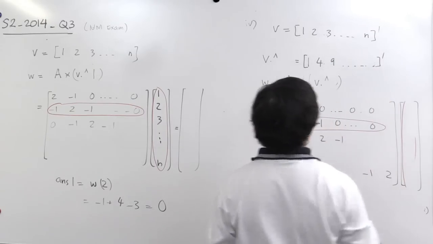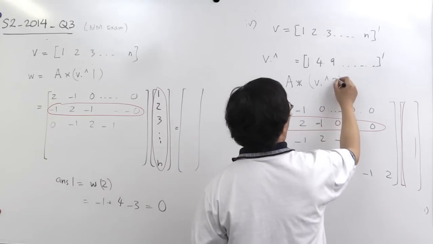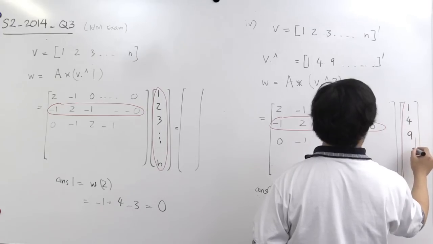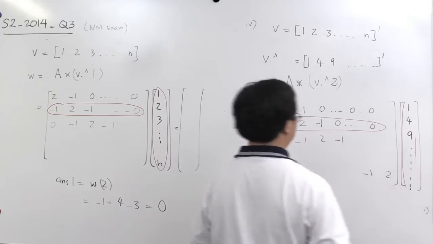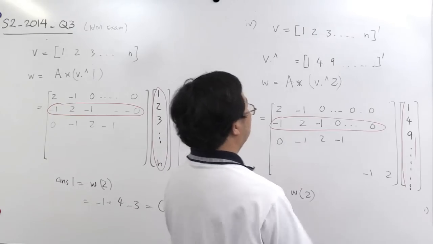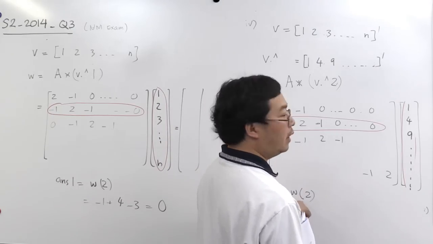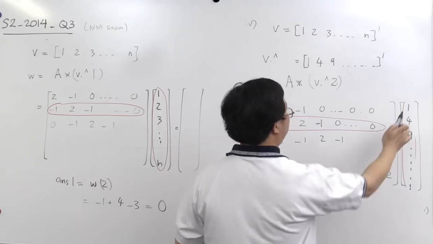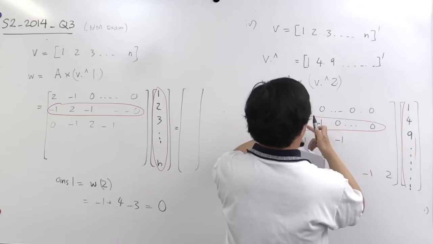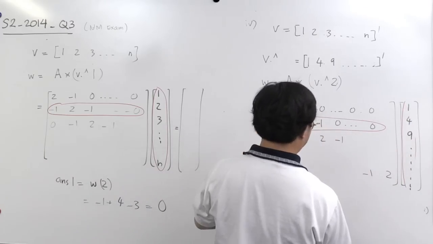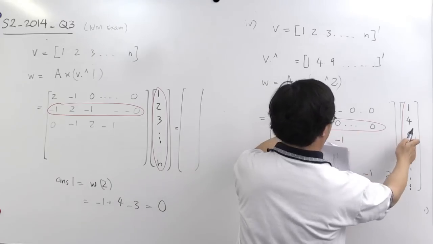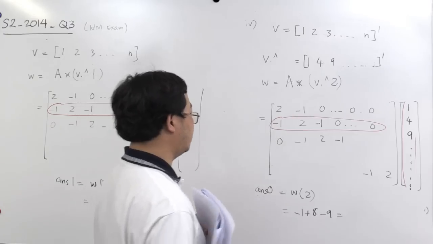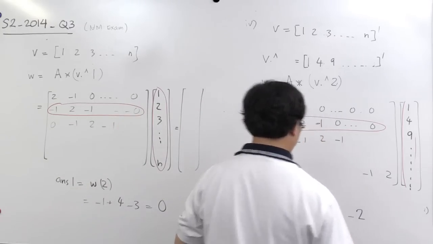We don't worry about the very last one. So you get 1, 4, 9, and so on. Again, I'm interested only in the second element of the result. So -1 multiplied by 1 gives -1, 2 times 4 is 8, and then minus 9. So this one is minus 2, right?